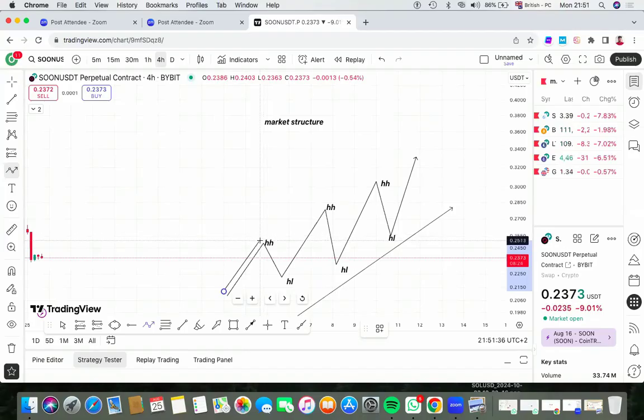At a certain point, it changed the direction from going upward, and then it started to go back down like this. Then all of a sudden it started moving up again, and then it moved backward again, right? And then again it moves like this, and it's forming something like a structure, okay?